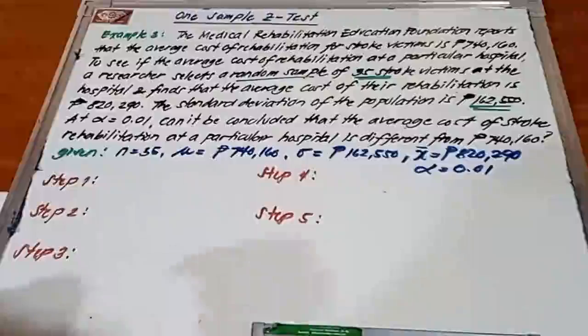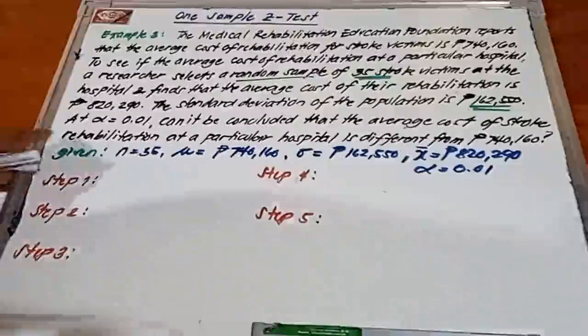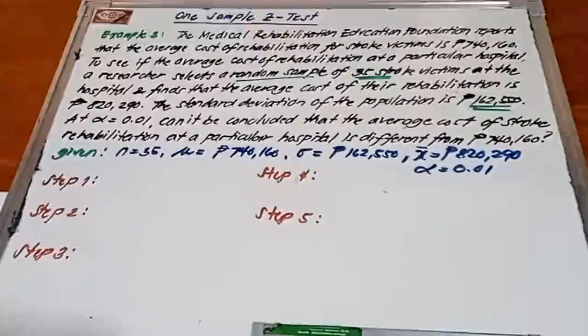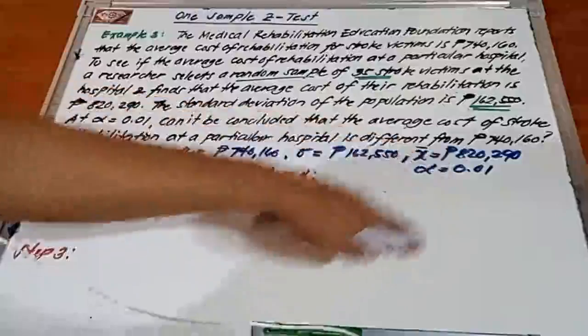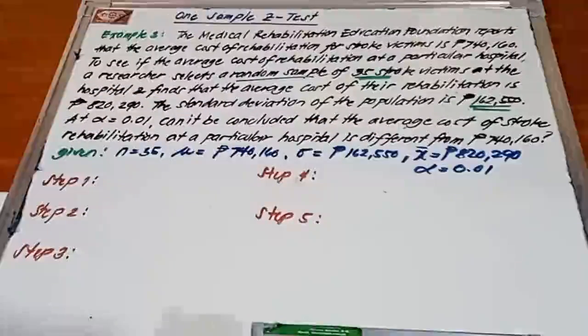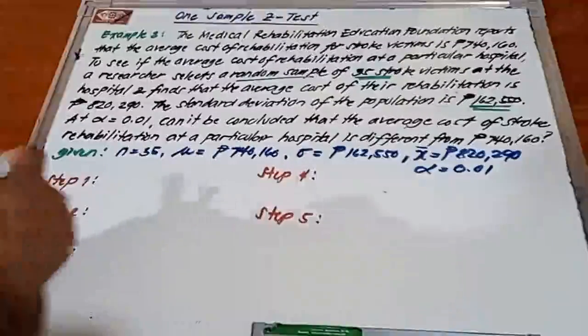Now, ang tanong dito, can it be concluded that the average cost of stroke rehabilitation at a particular hospital is different from 740,160 pesos? So this is non-directional test. So we're going to use two-tailed test kasi ang keyword natin dito is different.